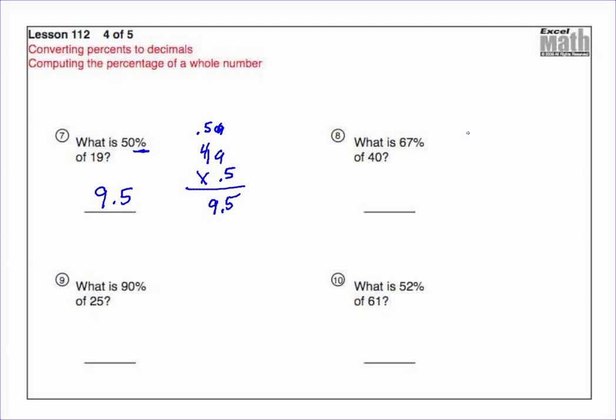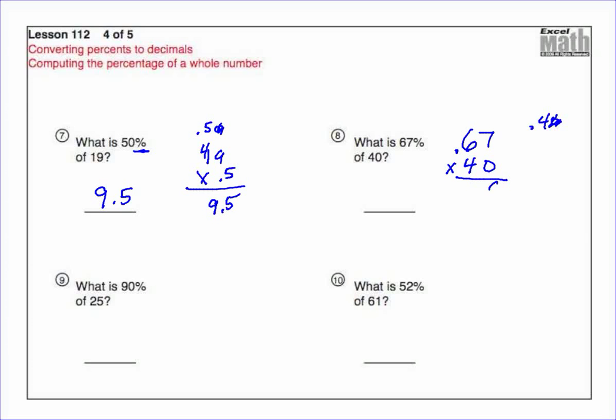67% of 40, 67% can be written as 0.67, and we're multiplying that times 40. You can't drop the 0 off on the 40. This is not 0.40, this is the number 40, and I've had kids that throw that 0 away. No can do. If it's 0.40, you can get rid of the 0. But this is not 0.40, this is the number 40.